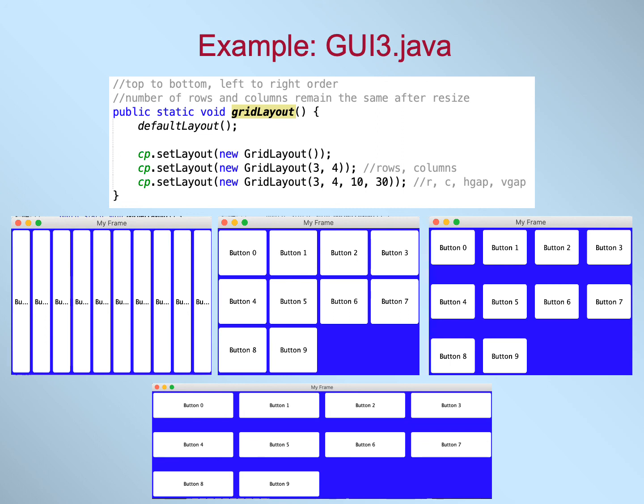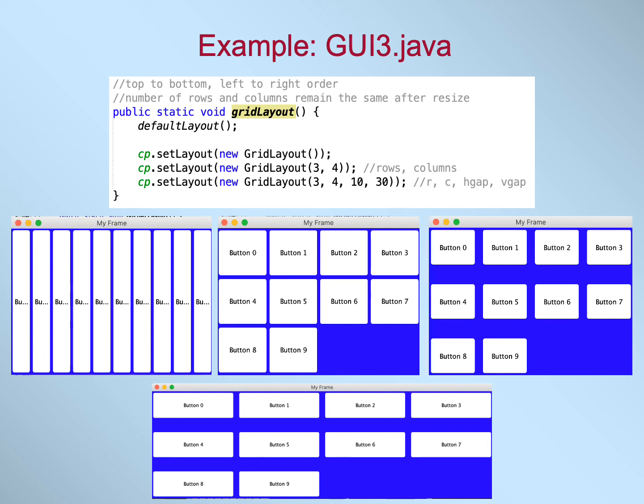If we specify the horizontal and vertical gap, we will get the third screenshot where we have 3 rows, 4 columns, the H gap is 10 and the V gap is 30 pixels. If we try to resize it, the number of rows and columns will still be the same, only the width and the height will change.